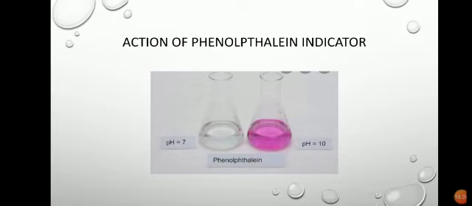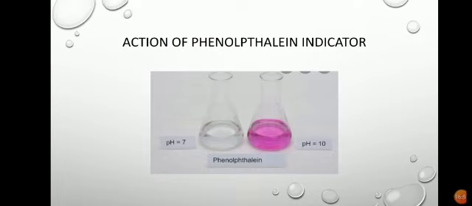Now there are some substances which have no effect on any indicator. Such substances are neither acidic nor basic. These types of substances are known as neutral substances. For example, distilled water, or a solution of sodium chloride, that is common salt available in your home.